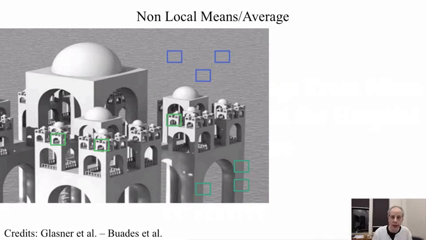Let's just observe this image. We actually see that images have repetitions. Sometimes these are called self-similarities. So for example, if we look at this local neighborhood, it's very similar to this local neighborhood and very similar to this local neighborhood. We also observe that here, this local neighborhood is very similar to this local neighborhood, even similar to this.